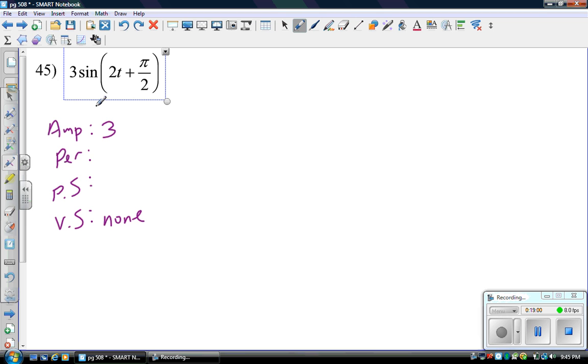Remember, to figure out the phase shift correctly, you have to factor this number out. So this would be 2 times t plus something. Remember, that means that 2 times something has to equal pi over 2. And again, if you're having trouble with that, just think, okay, 2 times something has to equal pi over 2.